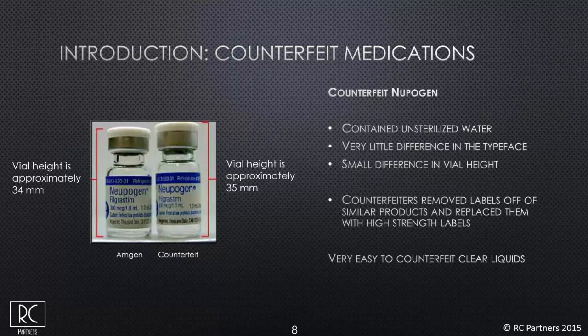Now, I say this, and I don't want to make anybody nervous. Certainly in the U.S., we have one of the safest supply chains, but wherever there's a profit to be made, there are usually counterfeiters willing to take that on and look for holes in any system.